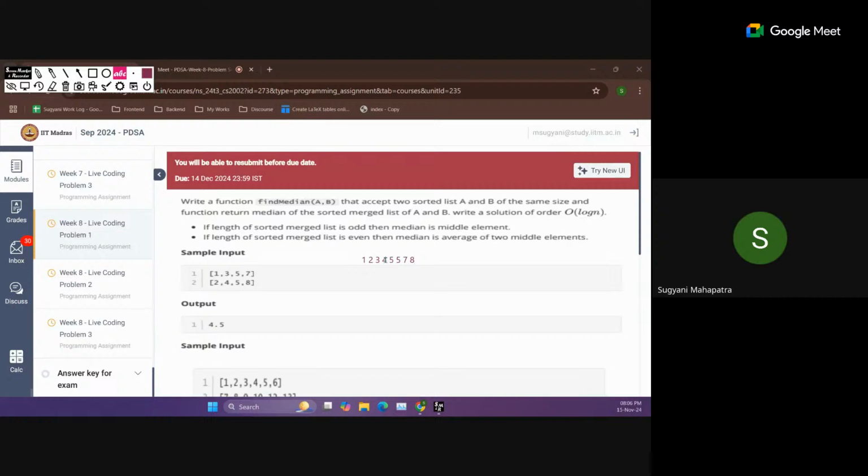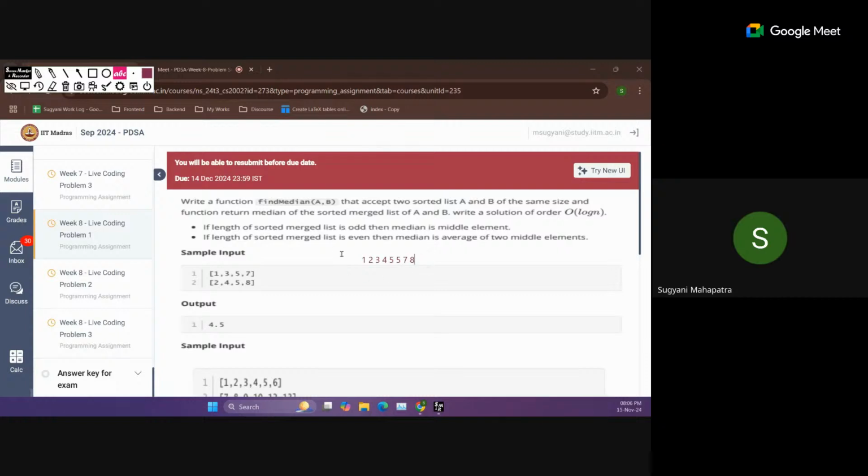Otherwise, if it is an even list, you take the two middle elements, the n by 2 floor and n by 2 ceiling, and find the average of them. That is the median. Is the problem statement clear? Yes, ma'am.